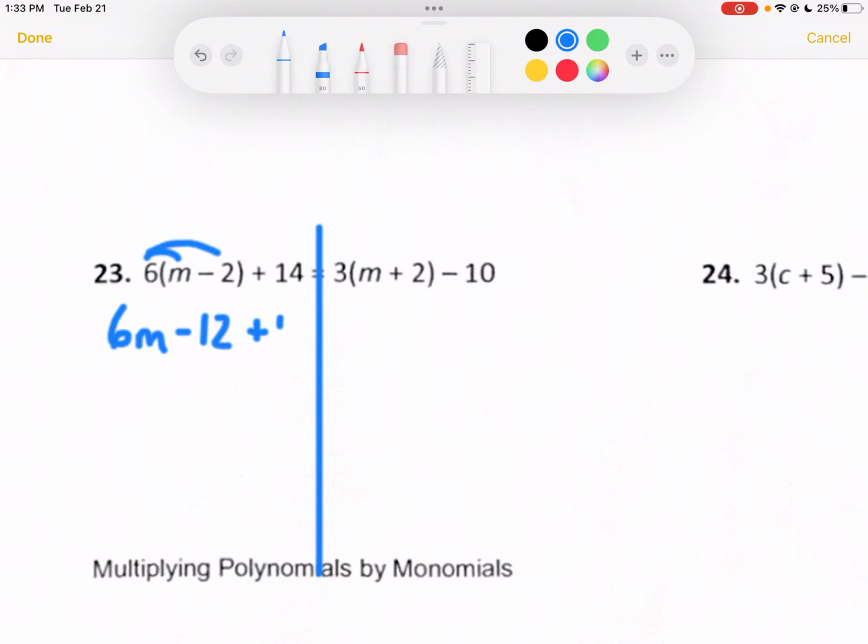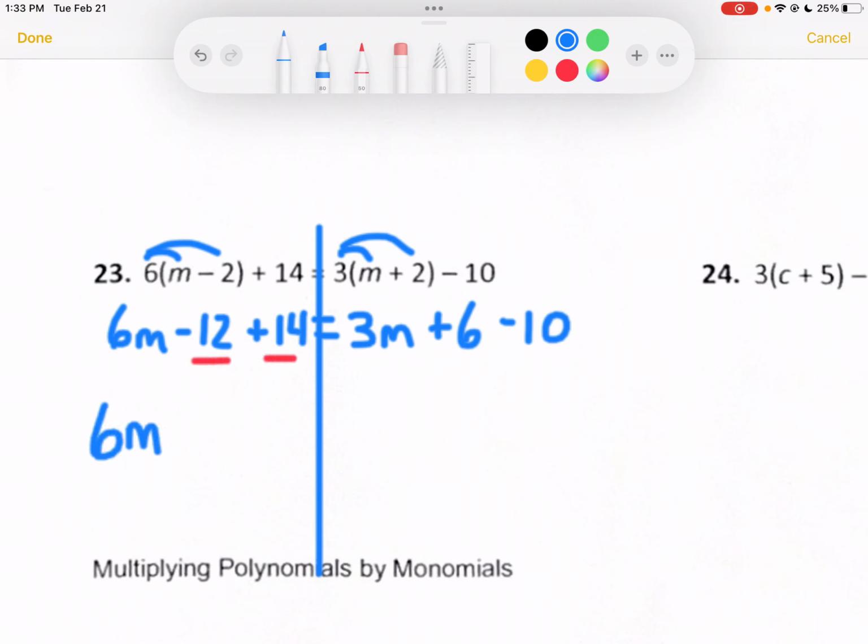Bring down my positive 14. 3 times m on the other side is 3m. 3 times 2 is 6. Bring down my negative 10. Now I'd like to combine like terms if possible. So I'm going to have 6m, and then negative 12 plus 14 is positive 2. 3m, and then I have 6 minus 10, which is negative 4.